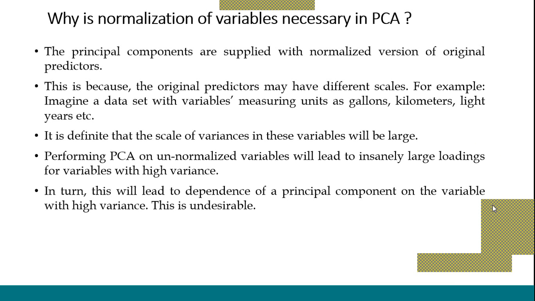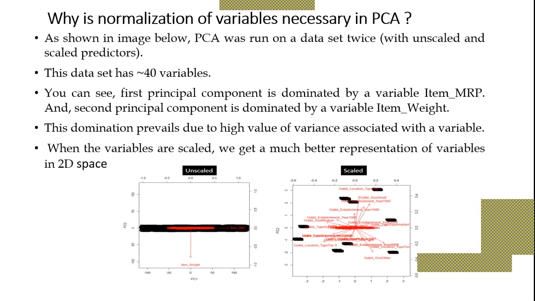In turn, this will lead to dependence of the principal component on variables with high variance. This is undesirable. So here we are seeing one example, then we can move to our next numerical of PCA.